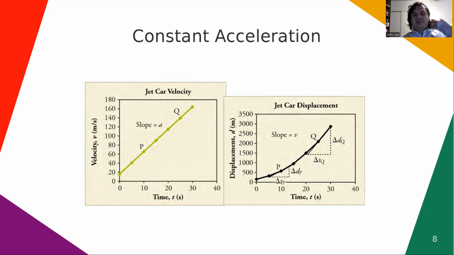So the change in displacement over 15 seconds minus 5 seconds, divided by 15 seconds minus 5 seconds, gives the slope of the line, and that gives the velocity.